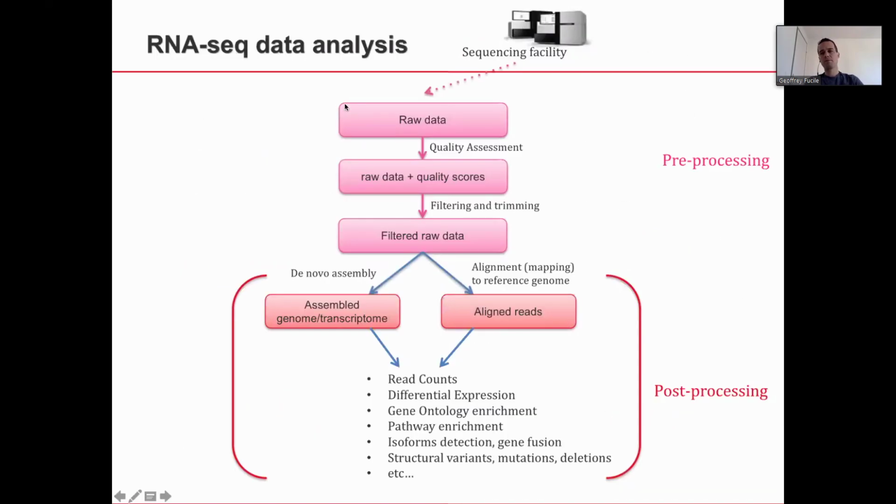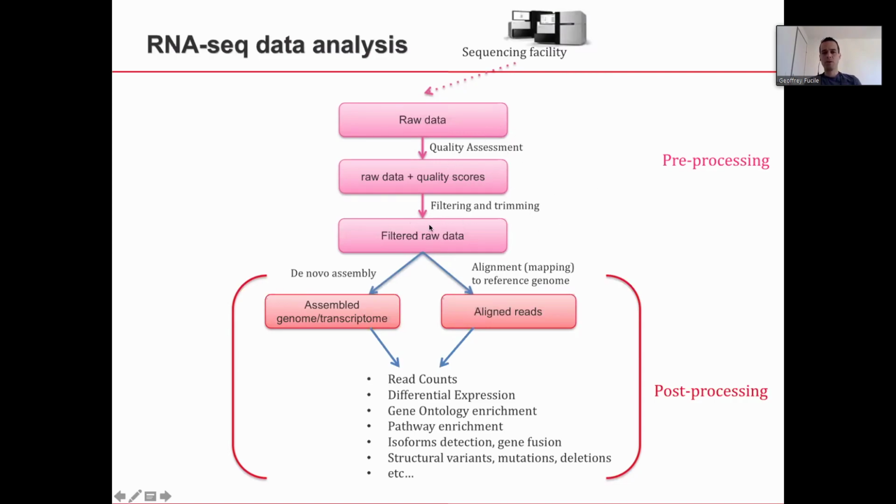So we have our raw data, which is a whole bunch of DNA sequences. The workflow looks basically like we do some first quality assessment to make sure that the data was generated in a sufficiently accurate way. We may need to do some filtering or trimming of the data based on this quality control.